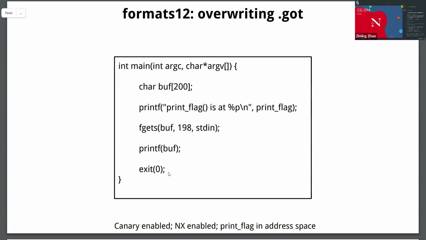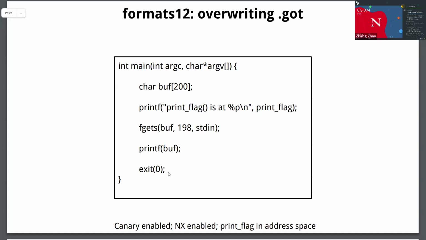Because of lazy binding, before the first time exit is called, its address is not really in the global offset table yet. It's a placeholder address there, and that placeholder address goes to a C library stub, which resolves the exit function's address at runtime, right?